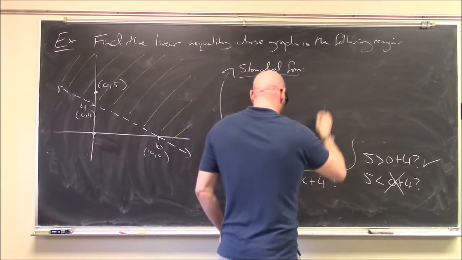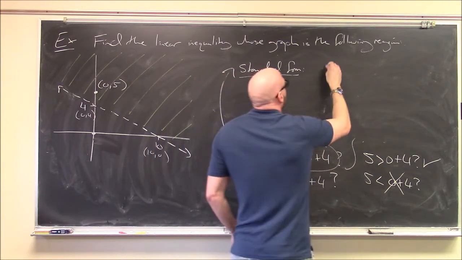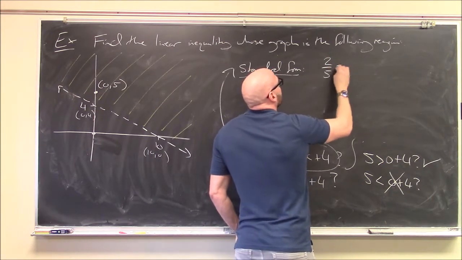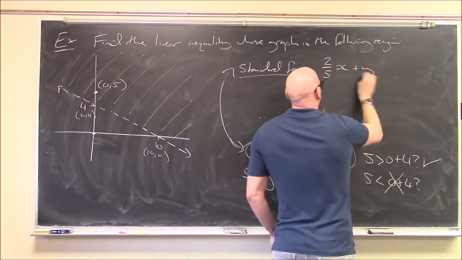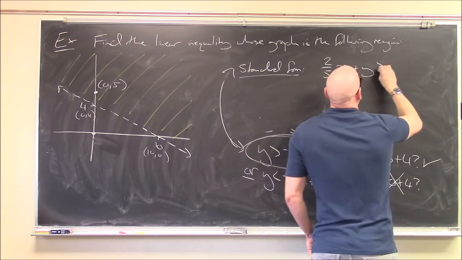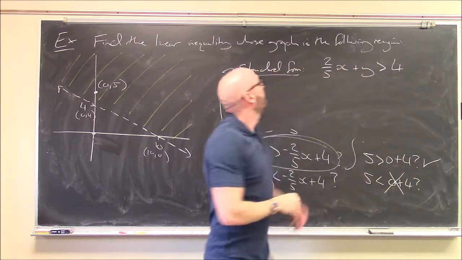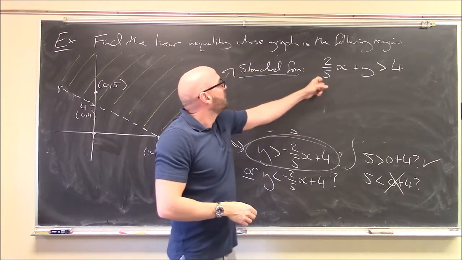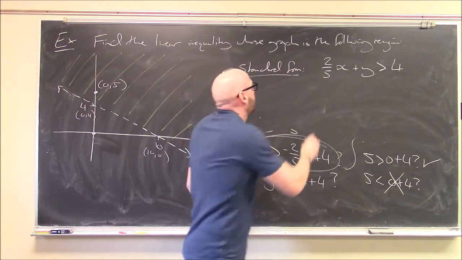So converting this to standard form, what do we have? Just bring the 2/5 x over, so 2/5 x plus y is bigger than 4. And then I need these coefficients a, b, and c to all be integers. So I'm going to multiply both sides by 5.